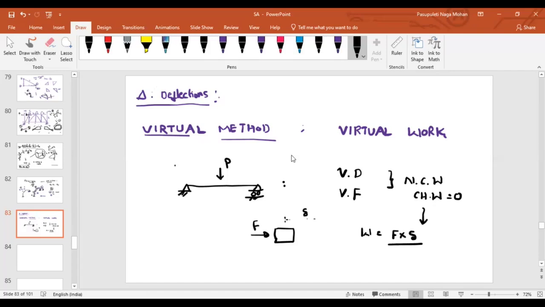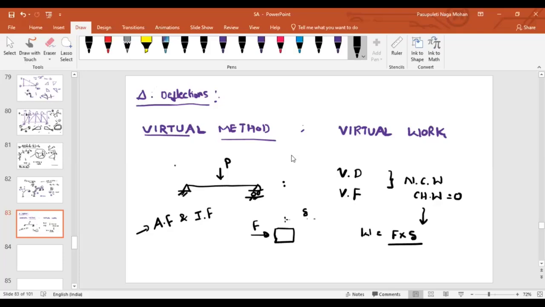So as we are talking about the equilibrium of the object, or the stability of the object, we have two different types of forces. Applied forces exist, and internal forces will also exist. So I can say the net work done is 0, that there won't be any change in work done. Even if you apply virtual displacement or virtual force, work done might be generated internally or externally.